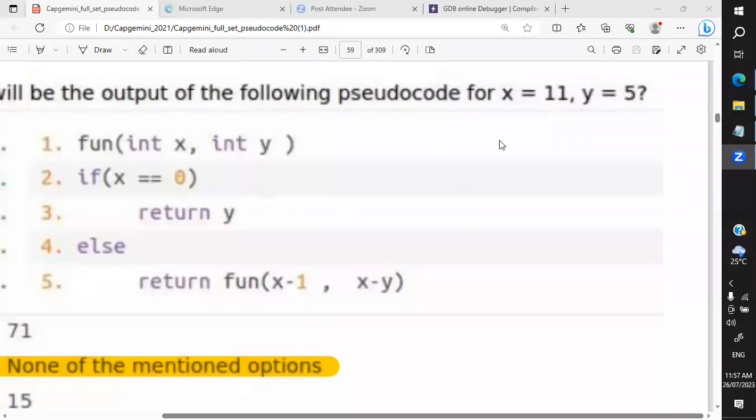Is it so? 1 is the answer you got, everyone. When are we returning y is what we have to check. So it looks like everyone got 1 only. Let us see that.